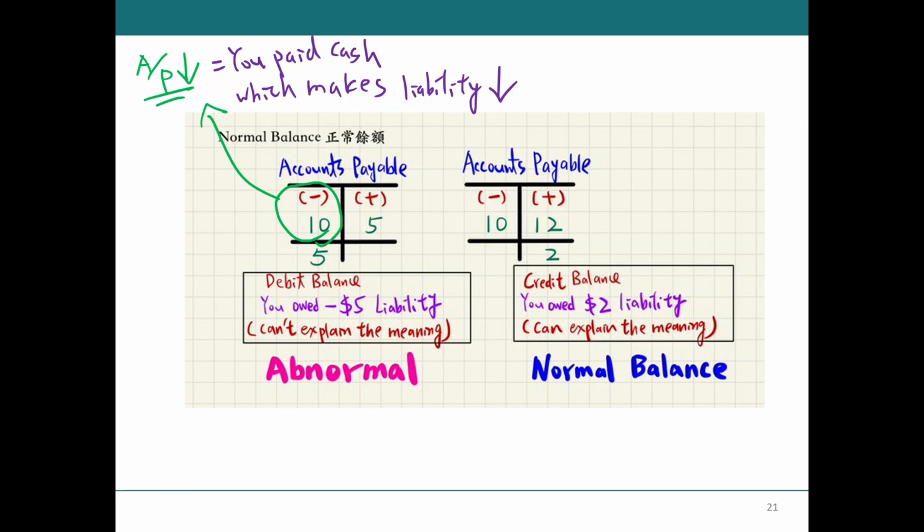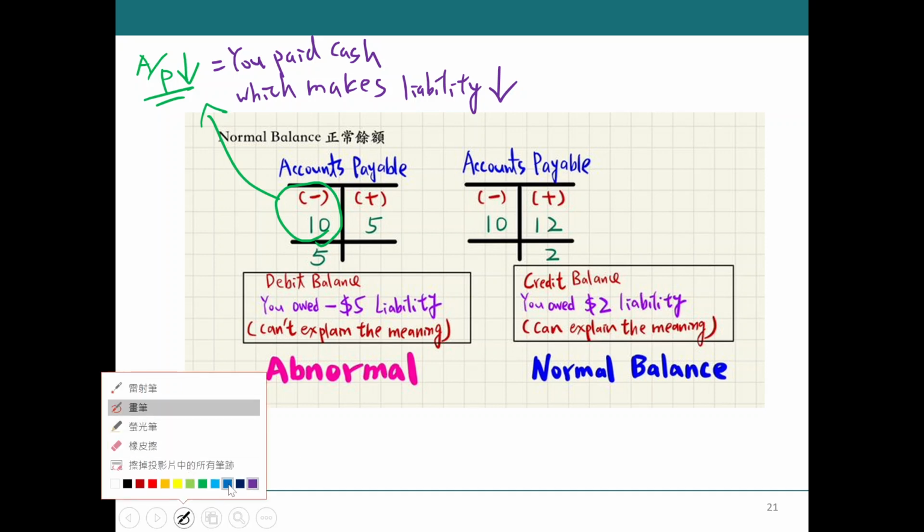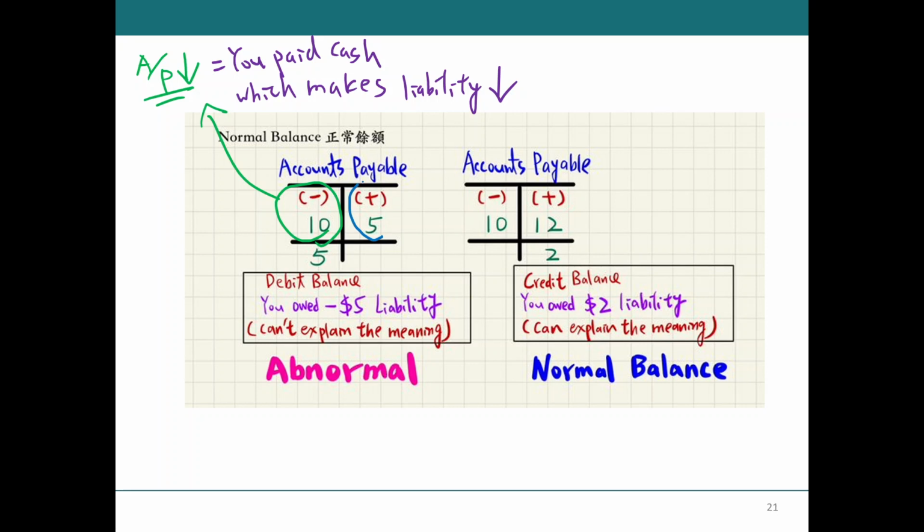Your liability increased $5. What does that mean? Liability increase. Okay, accounts payable increase. Why did your liability increase? You buy something but didn't pay the money, right? I buy the food, I buy the drink, but I didn't pay the money. So I owe someone money, right?